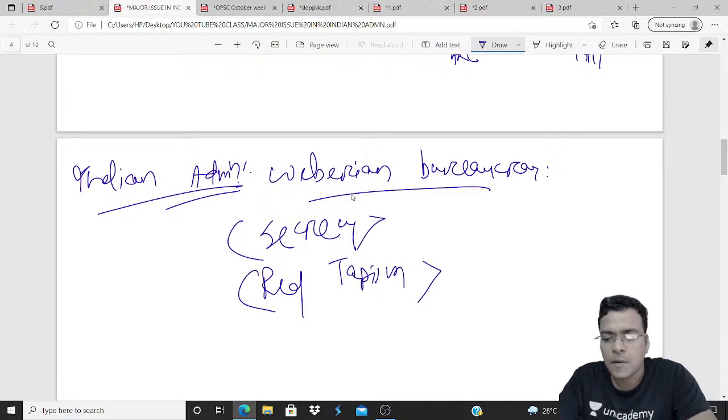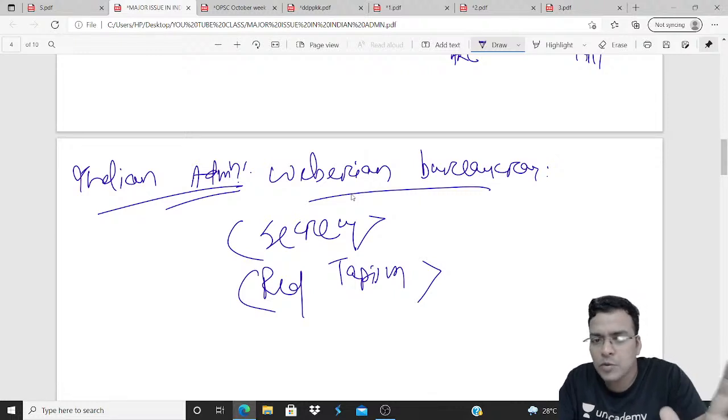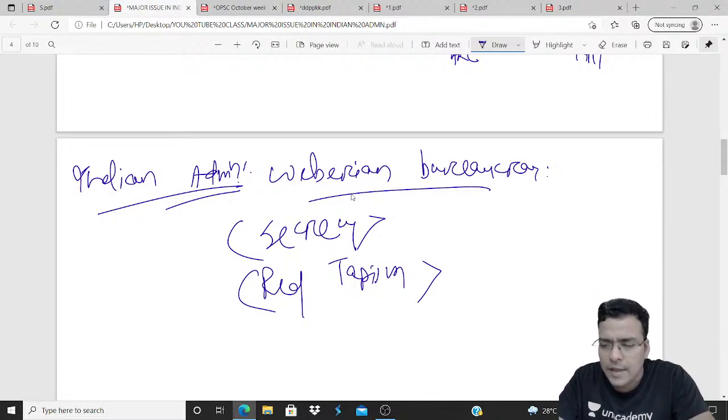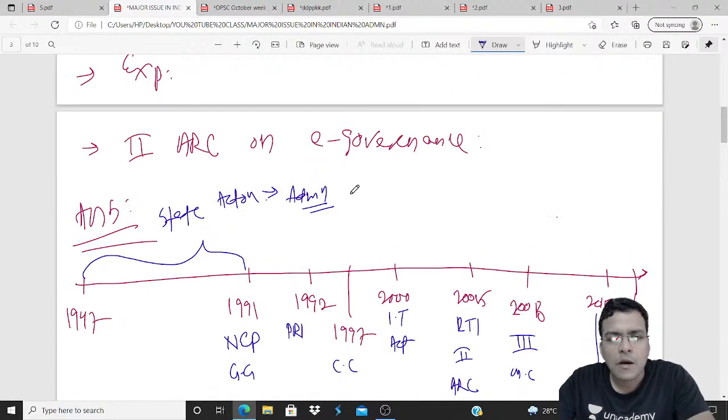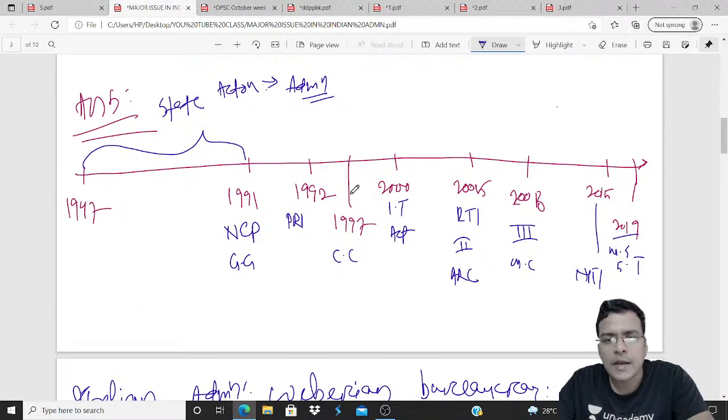So secrecy is one of the most negative characters of Indian administration. In this period, the state was the only actor and administration was providing all goods and services to people. So administration had the discretionary power with which administration got involved in corruption.